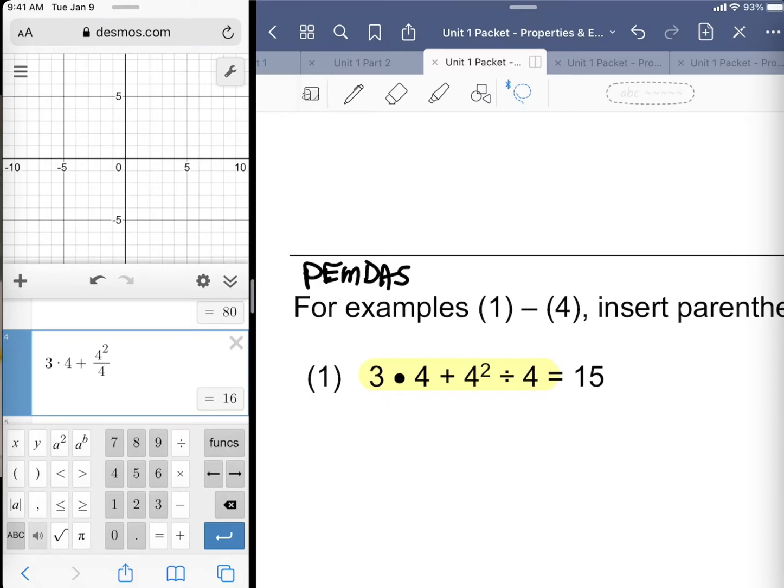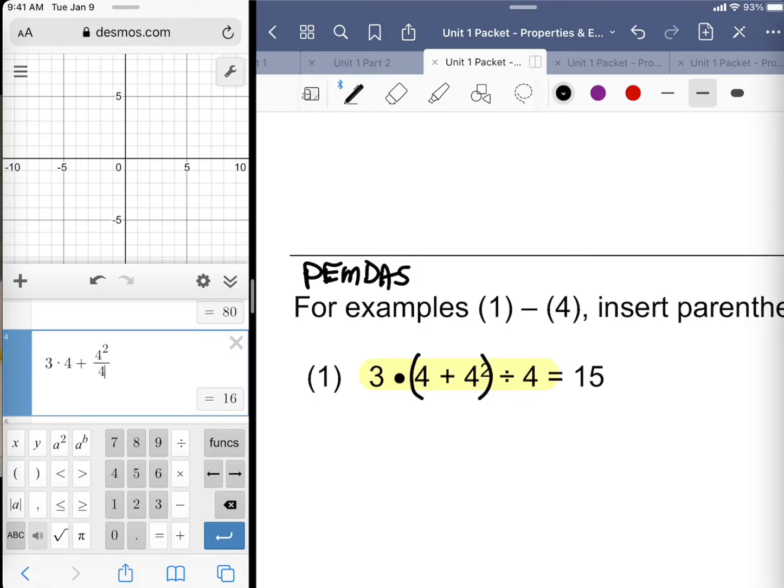So I would be thinking to myself, what happens last? If I were to carry this out using order of operations in the way that it's currently constructed, what would happen last in the process? The addition would happen last. So let's see if we can come up with a way to make the addition happen first. If I wanted to do that, I might do something like this.